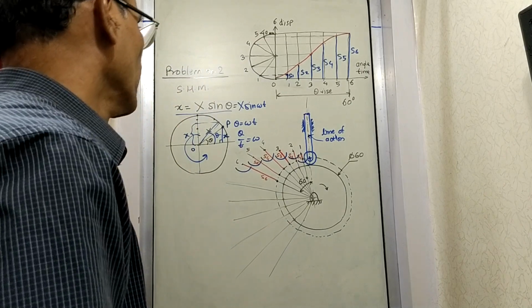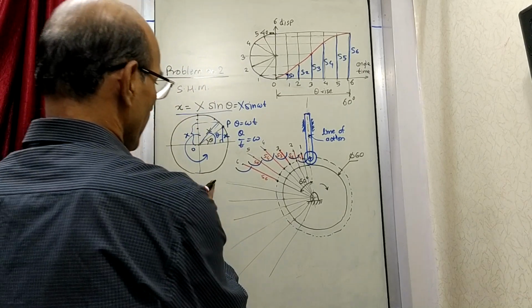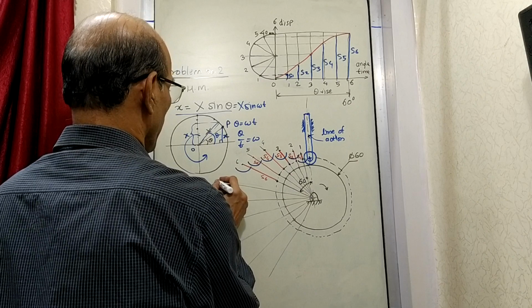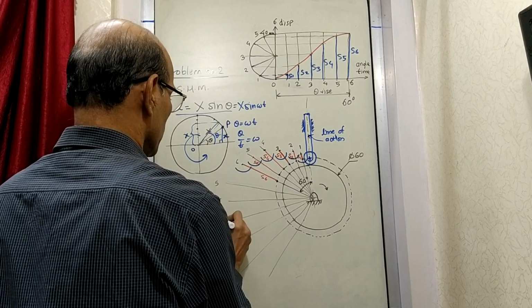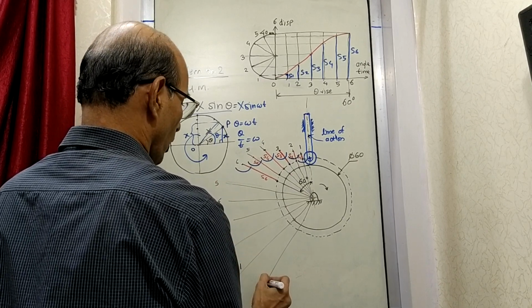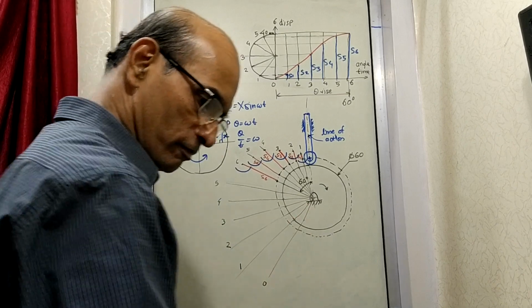So we have drawn all the different lines. So 5, 4, 3, 2, 1, 0. So 5, 4, 3, 2, 1 and back to original.